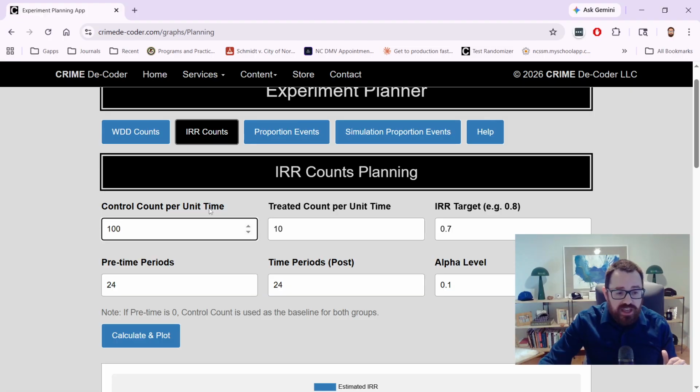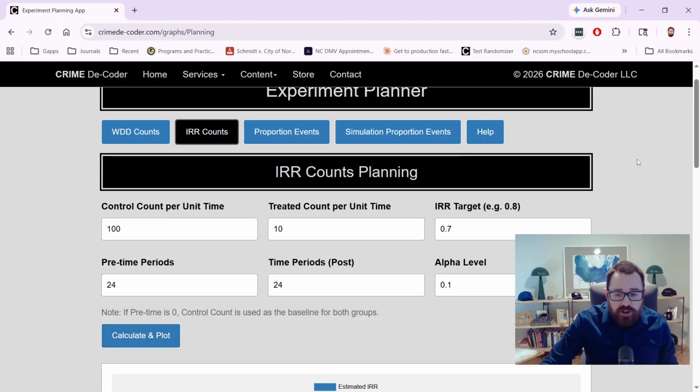If you take log base 10, this would be approximately 1 and this would be approximately 2. If you plot the log crime counts per month over time and you see the treated area is typically around 1 and flat, and the control area is around 2 and flat, or they parallel each other over time, it would make sense to use this IRR estimate.